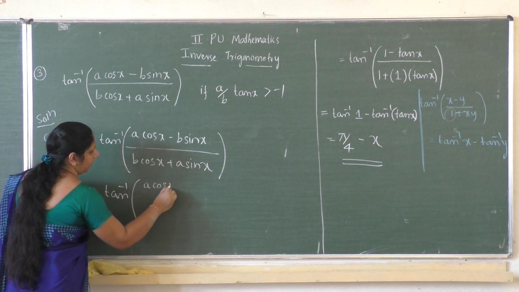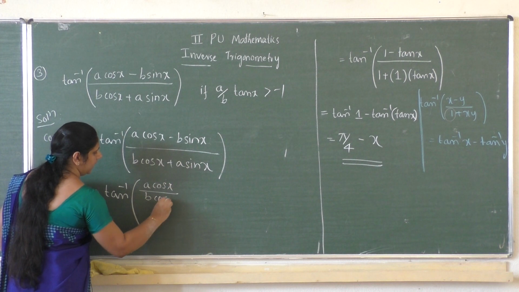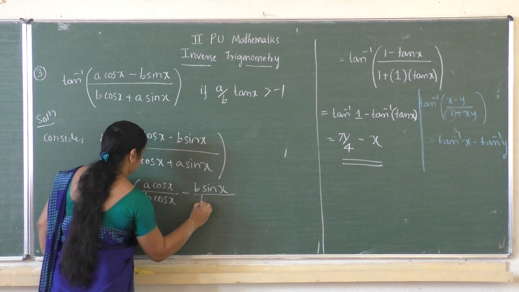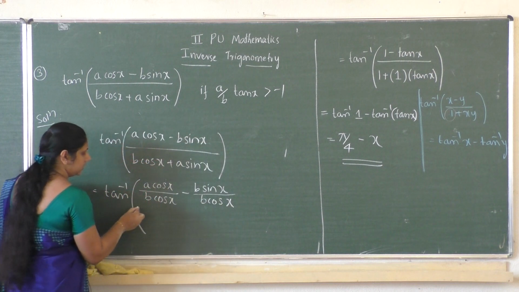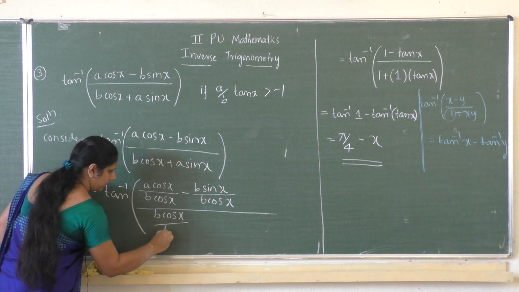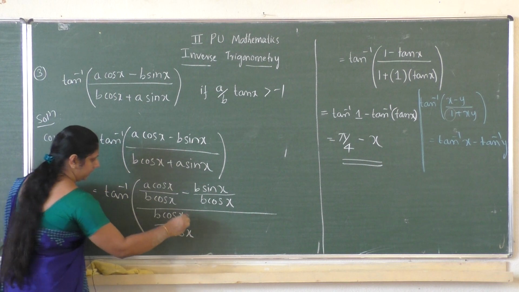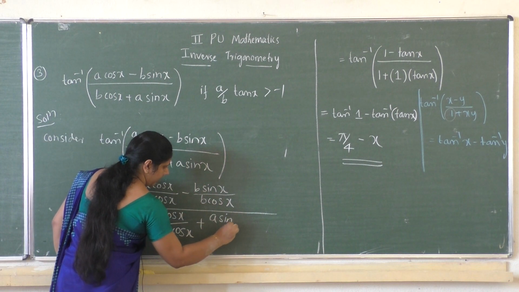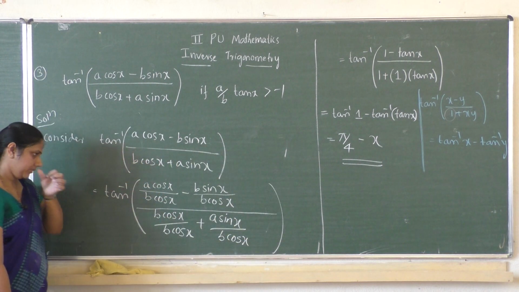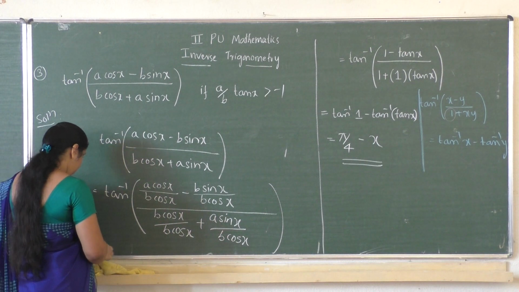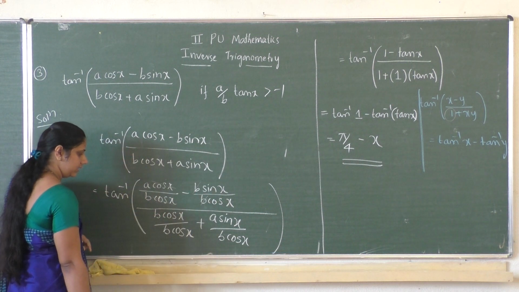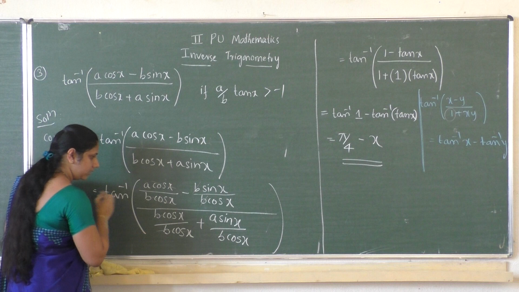So it is tan inverse of, dividing throughout by b cos x, we get (a cos x by b cos x minus b sin x by b cos x) whole divided by (b cos x by b cos x plus a sin x by b cos x). Now cos x cancels, b gets cancelled.